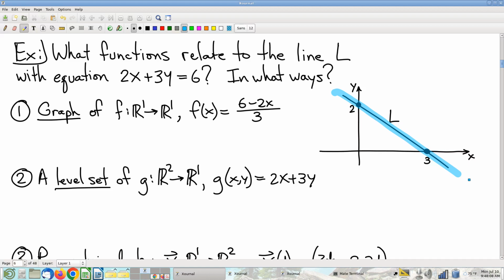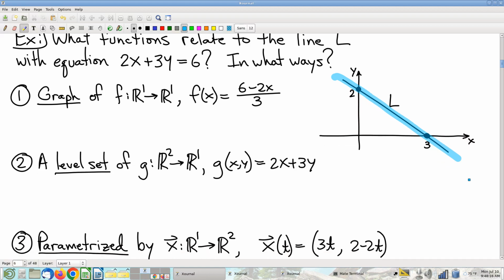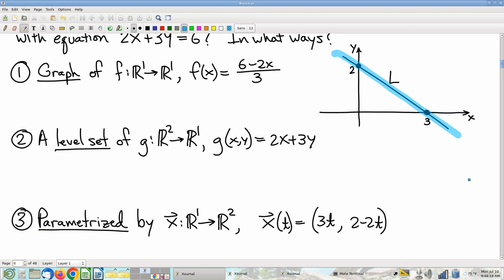Do I want a function whose graph is this line? Do I want a function for which a level set is this line? Do I want a function that parameterizes this line? They're all different functions, because graphs, level sets, and parameterizations are all different constructions that relate algebra to geometry.